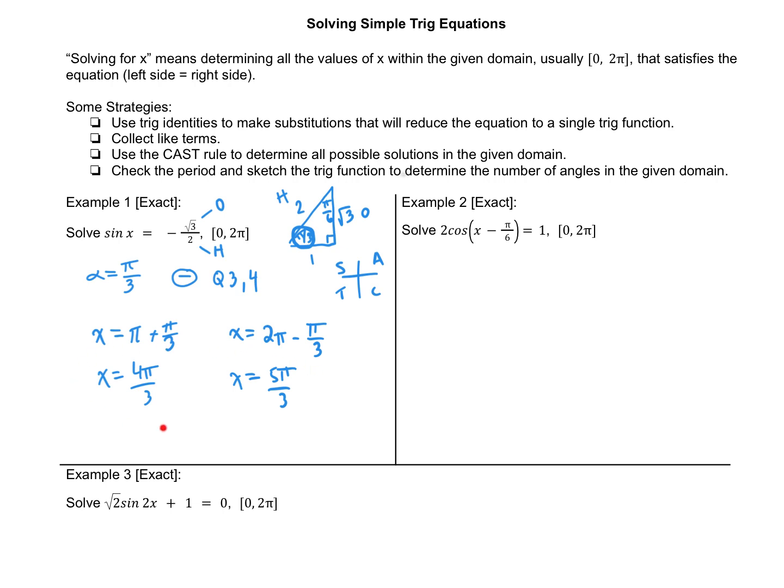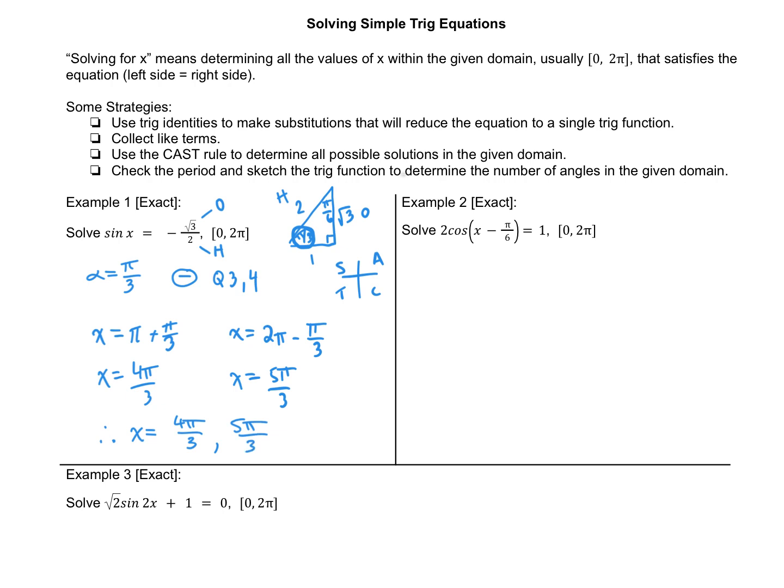So there can't be more than these two solutions, because if I were to go into a different cycle, I'm already past that 2 pi mark. So my final answer here is that x is equal to 4 pi over 3 and 5 pi over 3.